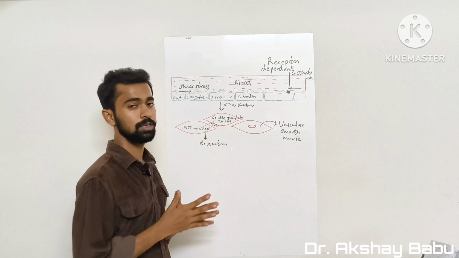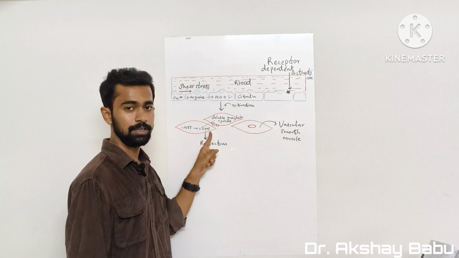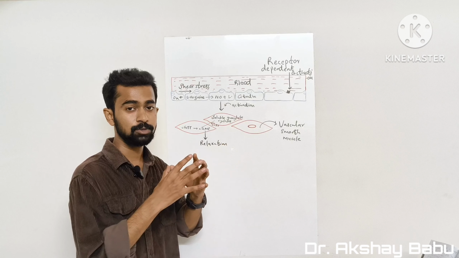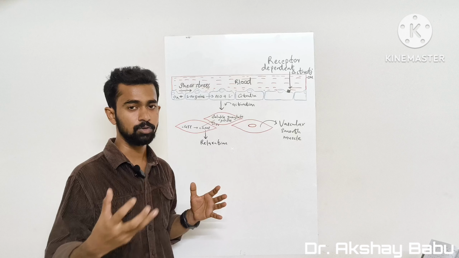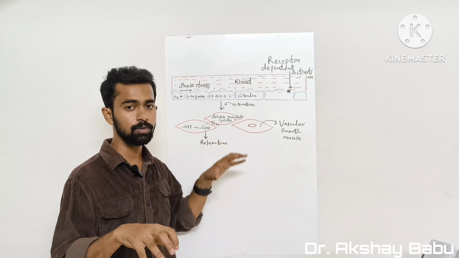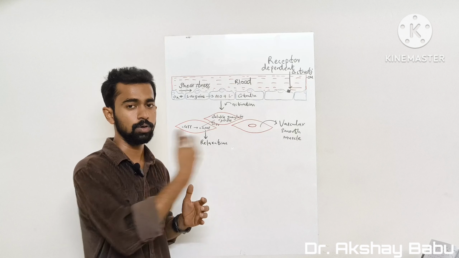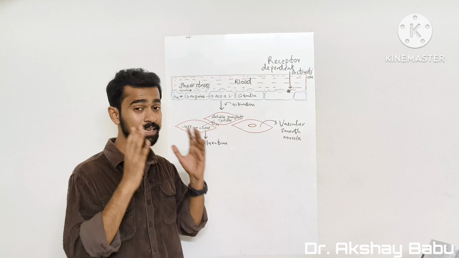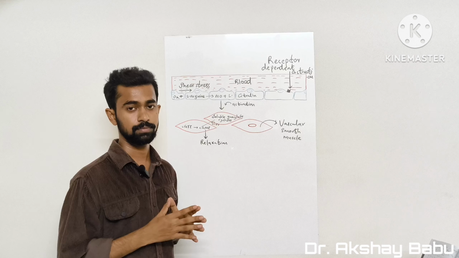The cyclic GMP formed as a result of this reaction is responsible for vascular relaxation. Along with its formation, activation of cyclic GMP dependent protein kinase enzyme will also take place, and this plays a crucial role in vascular dilatation.